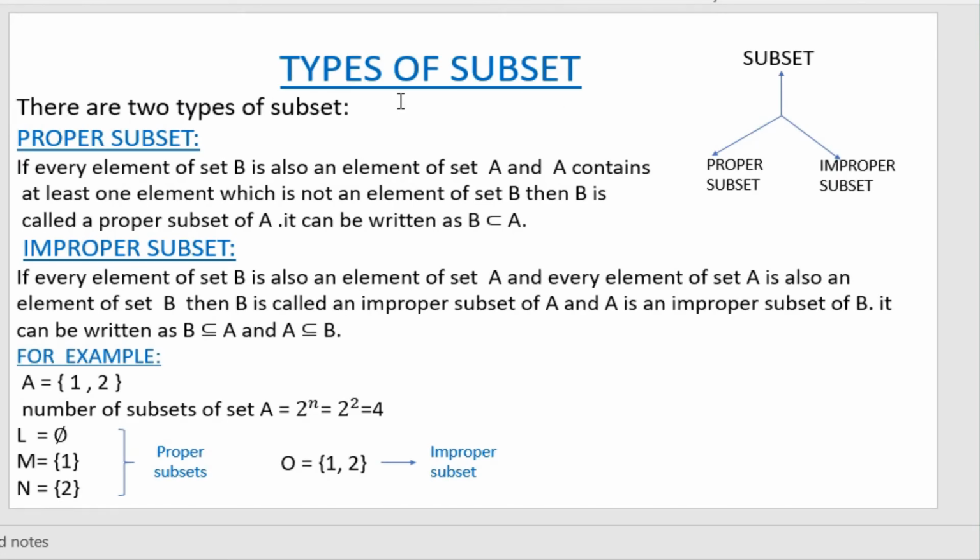In the beginning, as I told you, there are 2 types of subset. One is proper subset and another one is improper subset.